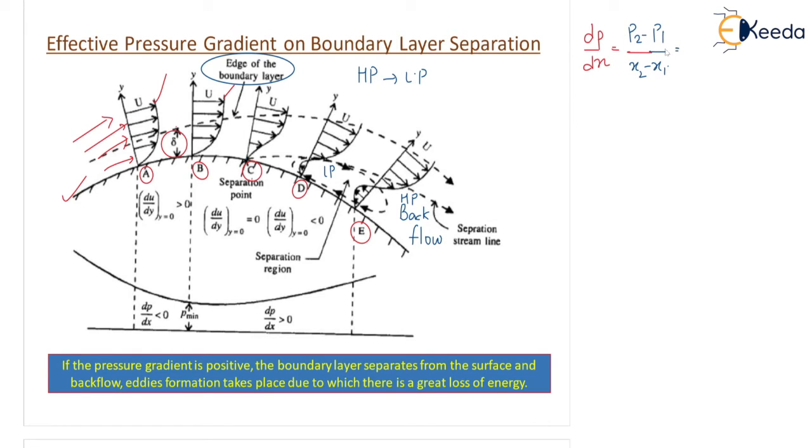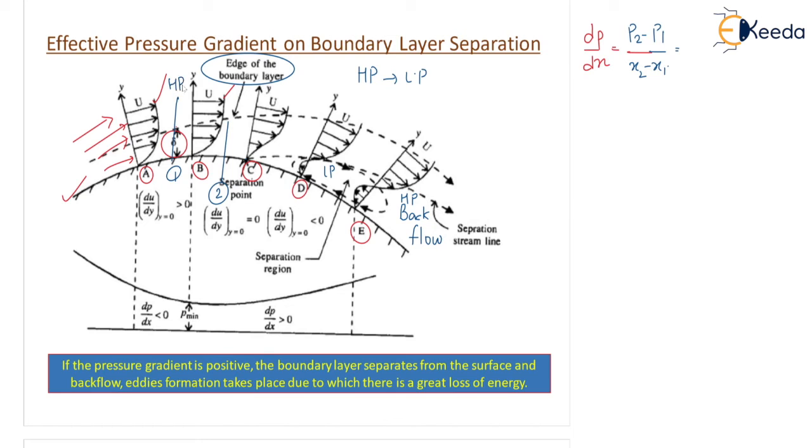So for the attached flow, if you take any section here, suppose I am taking two sections here, 1 and 2. So let us say this section is 1 and this is 2. If you take two sections 1 and 2, P2 minus P1, flow always takes place from high pressure to low pressure.